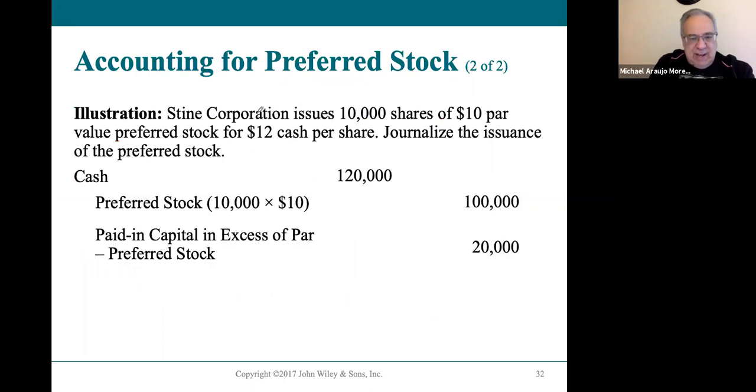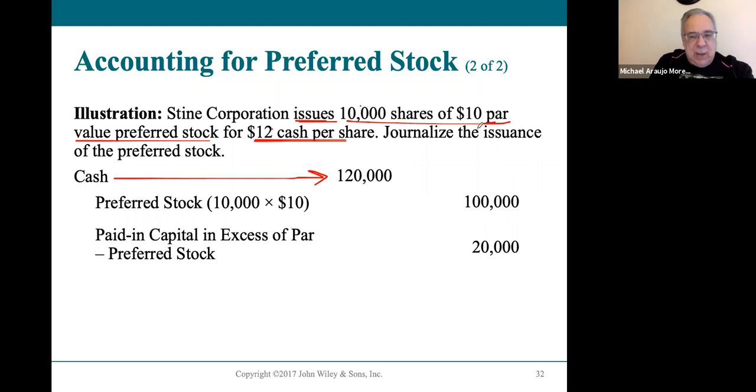So here we have a corporation that issued, remember, to issue is to sell, 10,000 shares of their preferred stock. Now here, their preferred stock has a $10 par value, but they sold them for $12 per share. So 10,000 shares at $12 a share is $120,000 in cash.